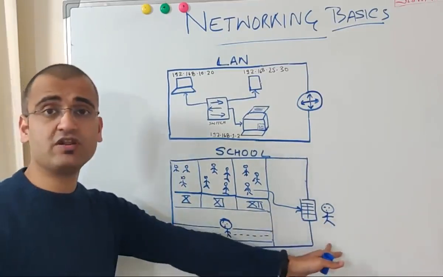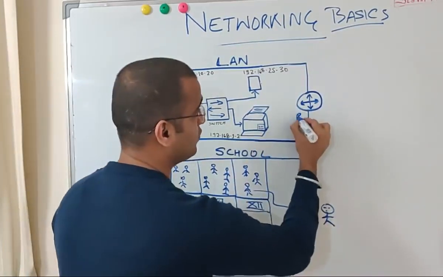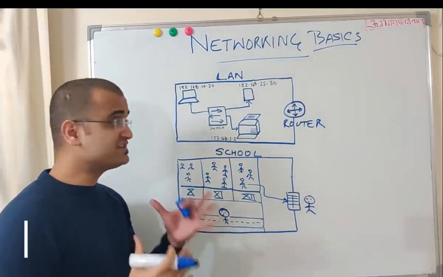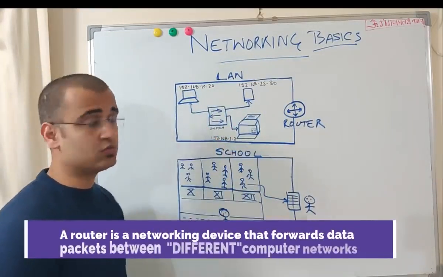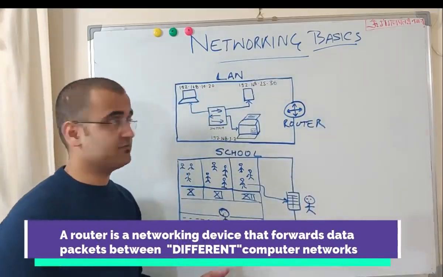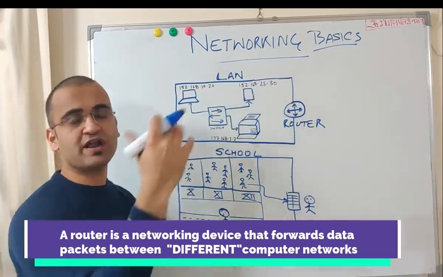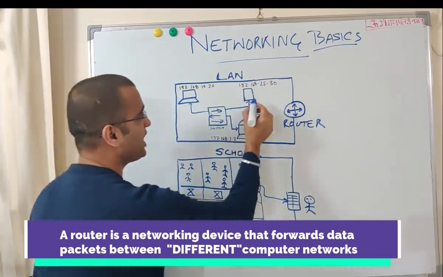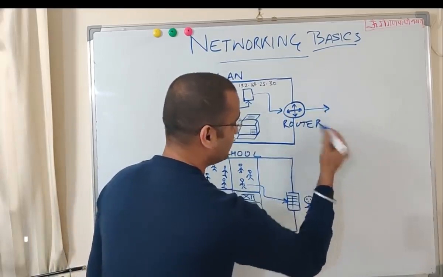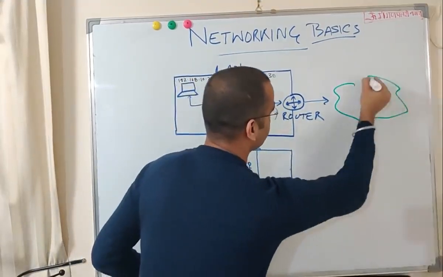So this security guard is nothing but a router. A router is a network device which sits between our local area network and the outside network, which is a wide area network. So suppose our mobile wants to connect to the internet, then this mobile will send a request to the router, and then the router will connect to the outside internet.